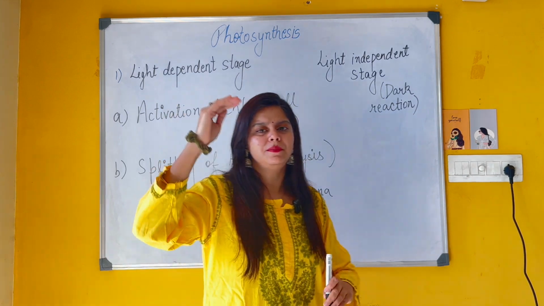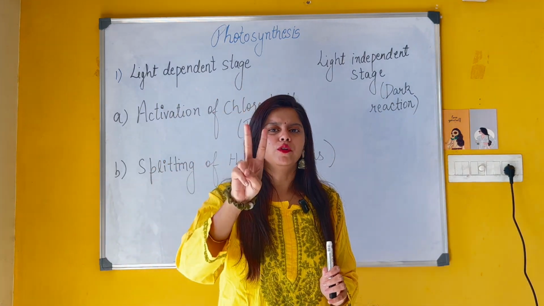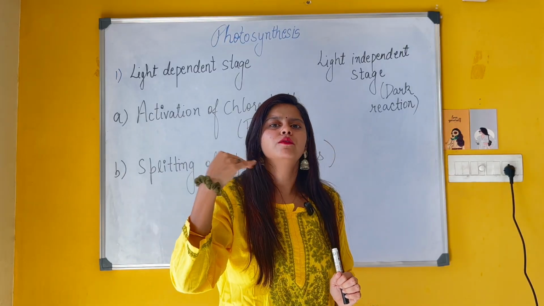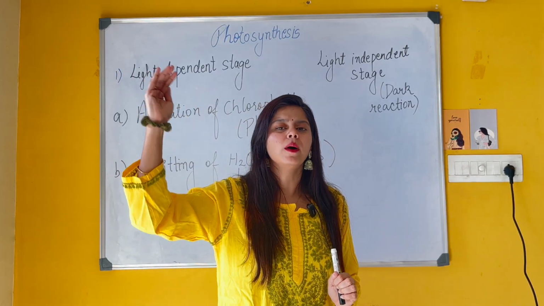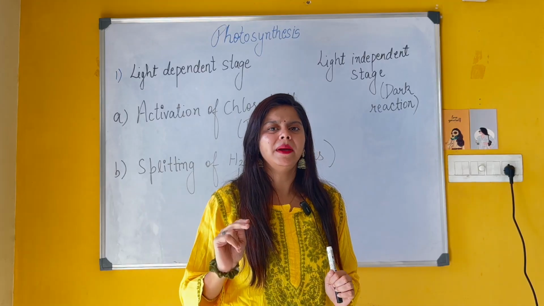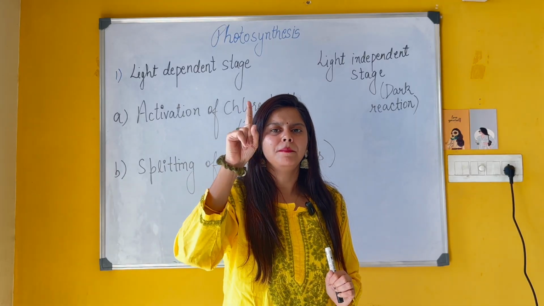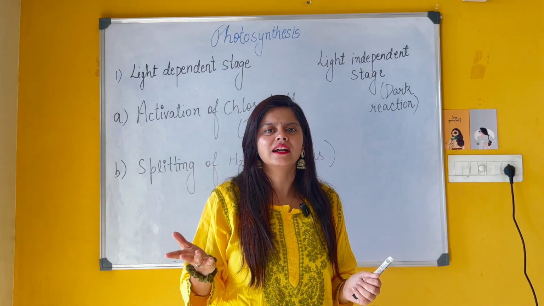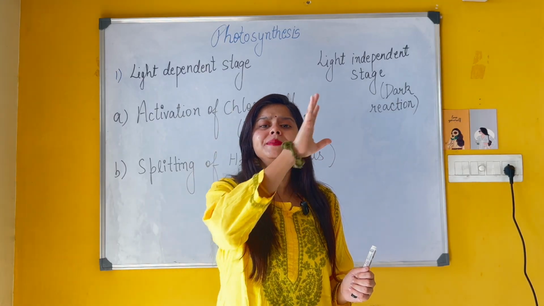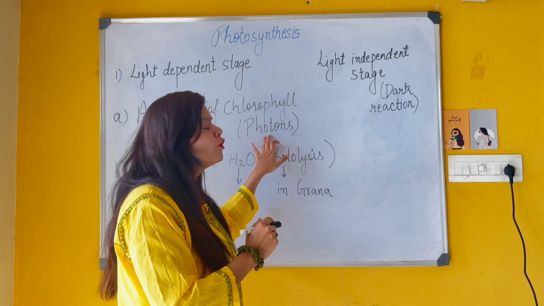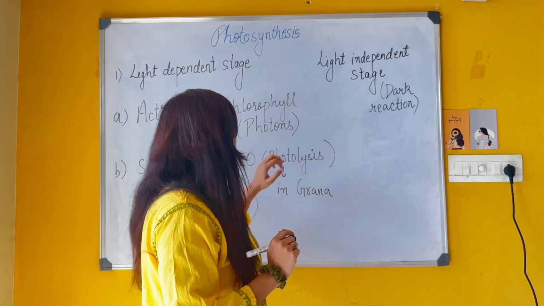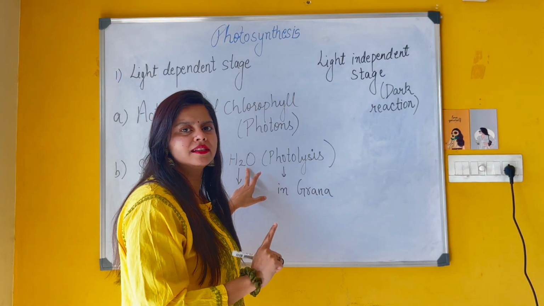So I am repeating. There are two stages of photosynthesis, light dependent and light independent. From the name, light dependent requires sunlight. In light dependent there are two stages. First, activation of chlorophyll. How do you think chlorophyll is activated? Chlorophyll traps sunlight. It traps photon particles. So this trapped light energy breaks water in the next step.